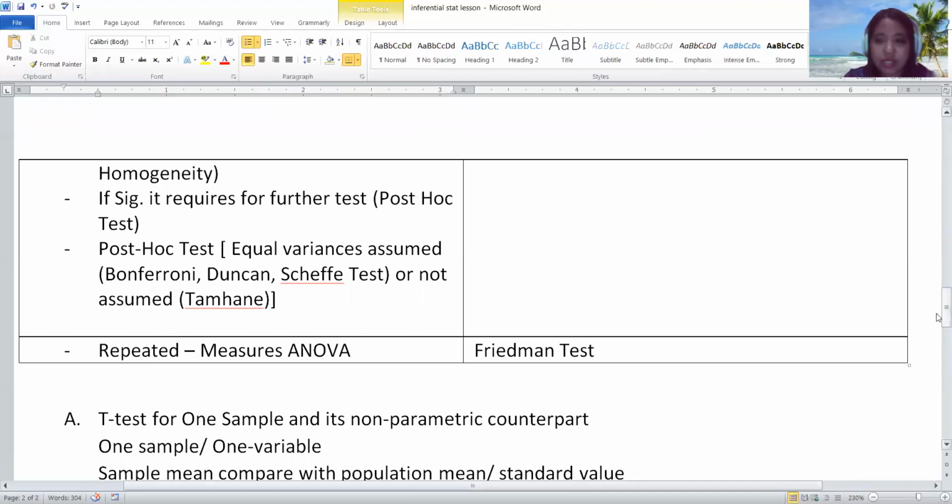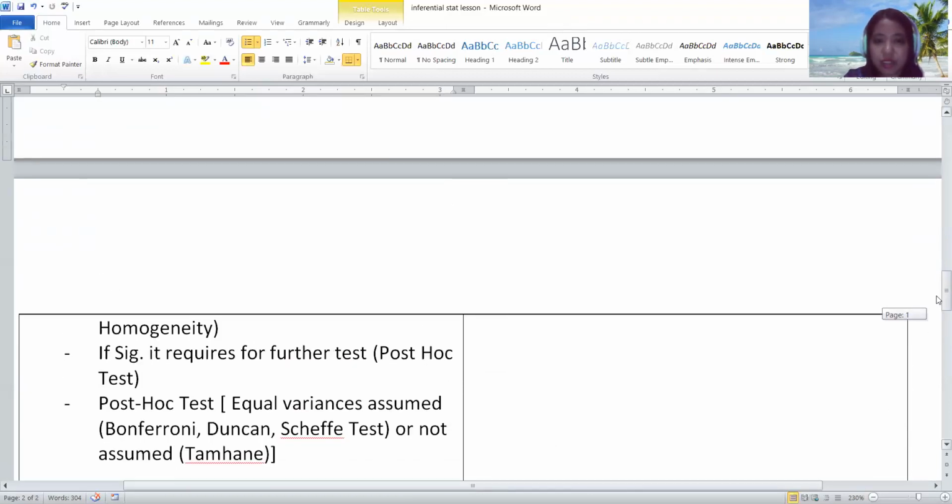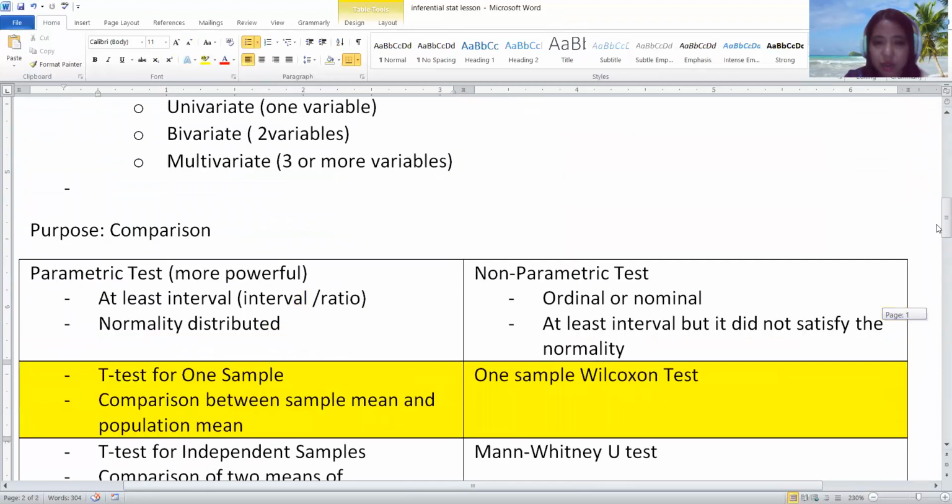So as you can see, there are strict conditions for you to use the test. For example, if you want to determine if there is a significant difference between three samples and it is normally distributed, it is at least interval, can you use the t-test for independent samples? What do you think?